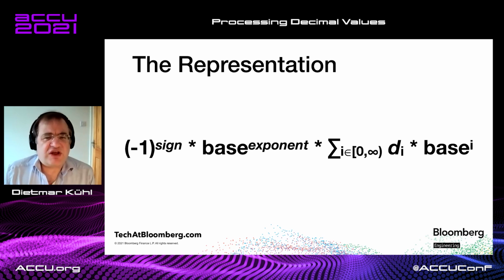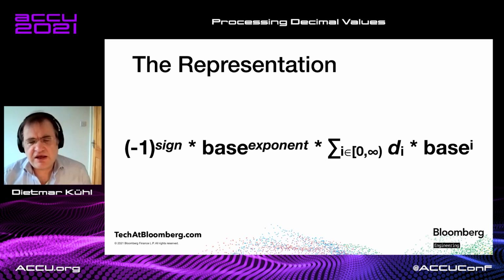And our normal representation effectively looks something like that, or this is kind of how we can see the value. It's a sum over the digits multiplied by the base to the power of some i, for positive i in this case, multiplied by an exponent and multiplied by -1 to the power of the sign.